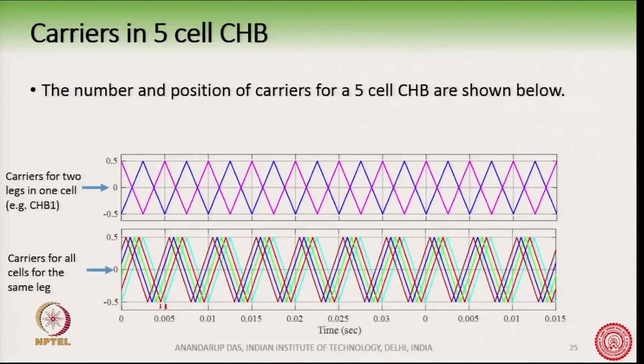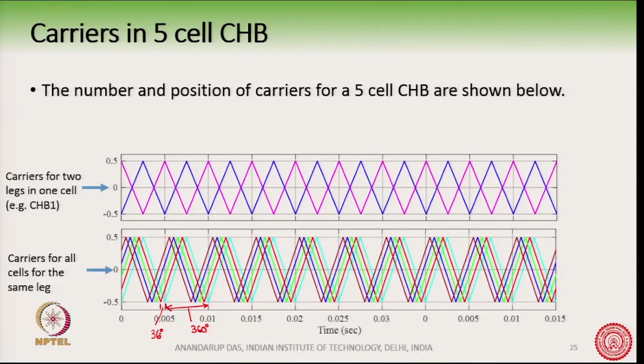How much is the phase shift? This phase shift is 36 degree, where 360 degree is this duration. So, that is what I was saying, that the 360 degree is in the domain of the carrier frequency. So, if this is the 360 degree, then the difference between carriers is 36 degree, as you can see in this diagram below.